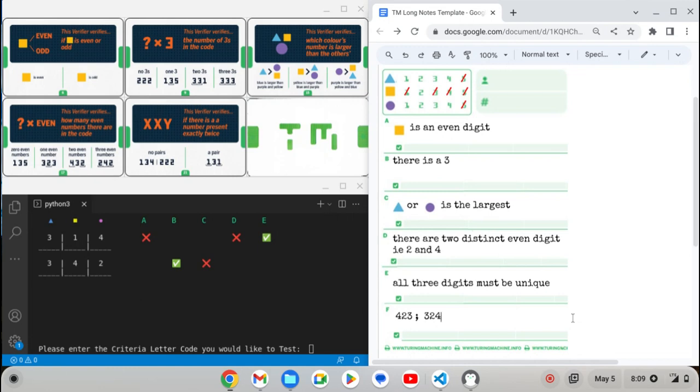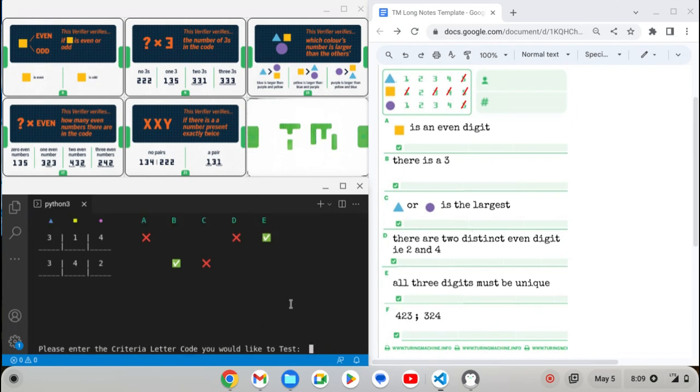Both of them have a 3, and the other 2 digits must be 2 and 4. It's a 50-50 flip. I'm just going to go with 4, 2, 3.